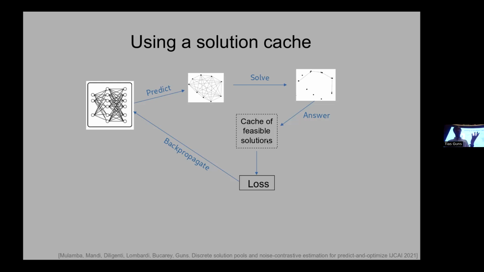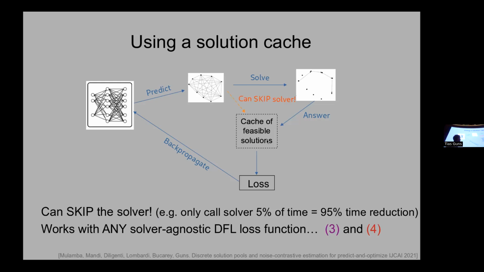All right, but there's other things you can do. For example, you can even skip the solver, because in gradient descent learning, we're only doing small weight updates in every iteration. So if you solve the problem for certain network weights, at some point you only make a small change. By the structure of this problem, your actual solution might not change.